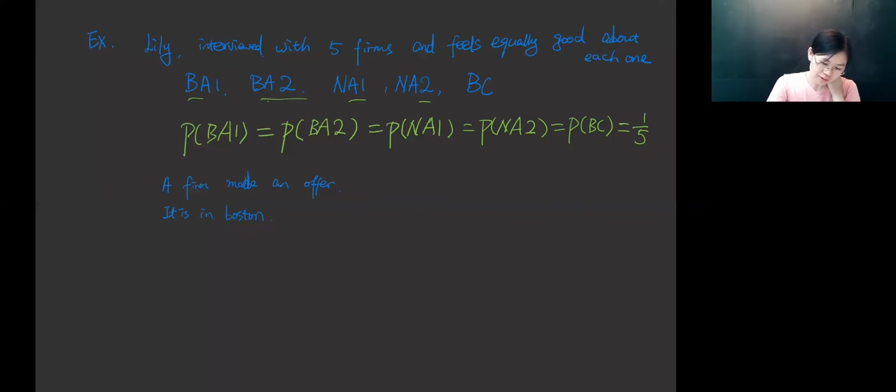So here is the new information. The new information is that the firm that called was a Boston firm. So the new information restricts the sample space to the set B that includes all the Boston firms.